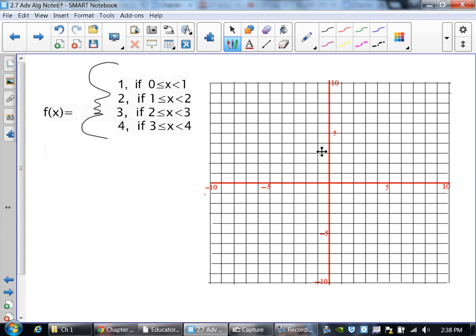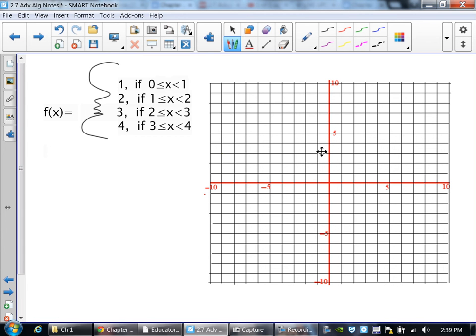Whenever you have f of x equals a number or y equals a number, that is always, always, always a horizontal line. Whenever it's y equals some number, it's a horizontal line. Whenever it's x equals some number, it's a vertical line. Okay. When you have f of x equaling a number, f of x is synonymous, means kind of the same as y equals.